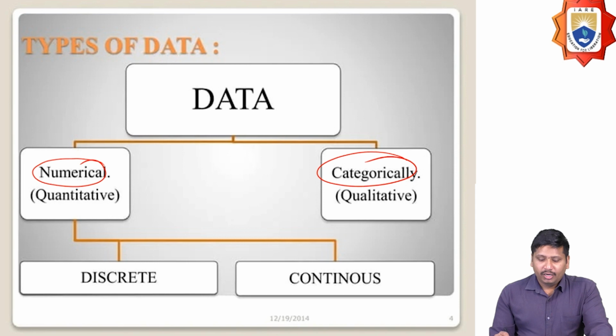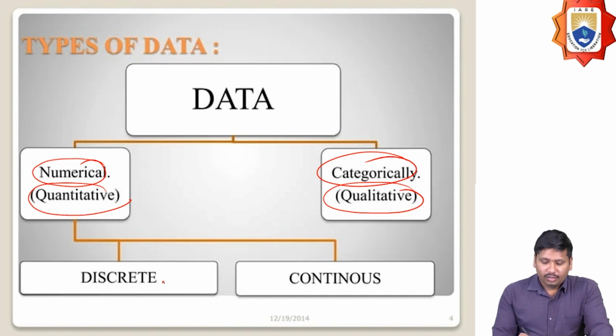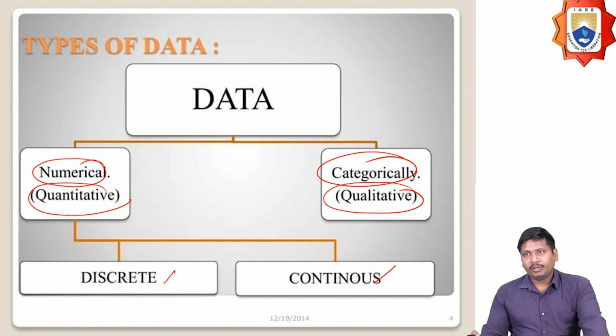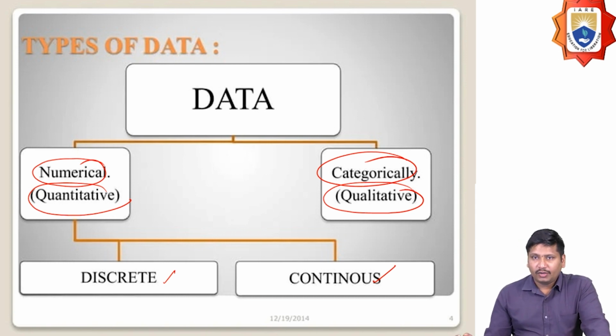Numerical means quantitative data and categorical means qualitative data. This numerical data is of two types, discrete and continuous. So these are some of the various forms in which you can represent data. It may be represented in the form of numbers or in the form of categorical values. If I consider the numerical one, it may again be discrete or continuous.